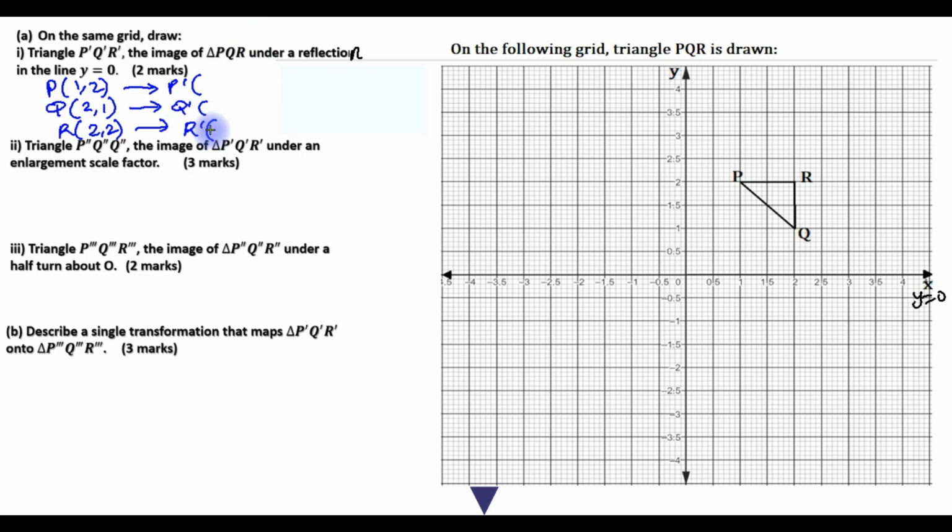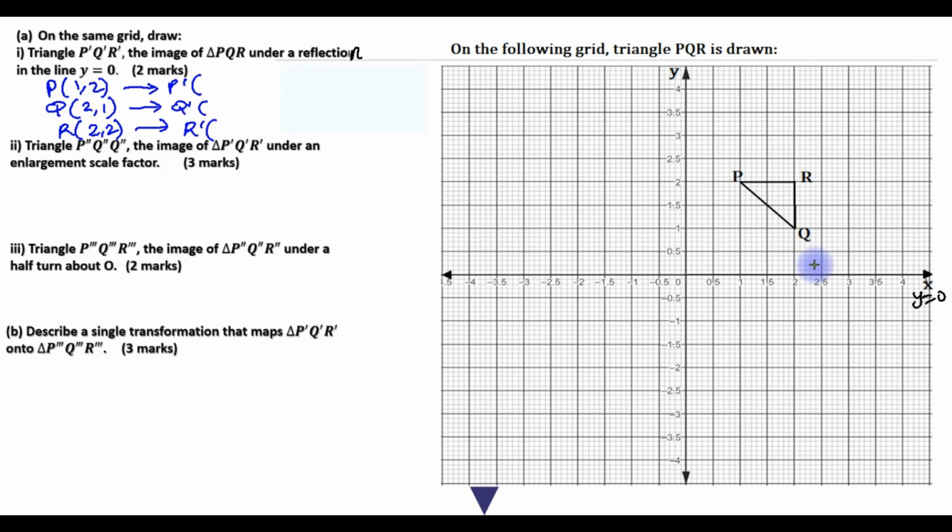Now this triangle is reflected in the line y equals 0, that is the x-axis. Remember the properties of reflection: the image distance is equal to the object distance, and they are perpendicular to the mirror line.